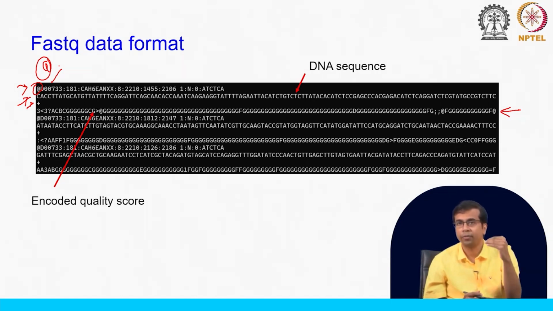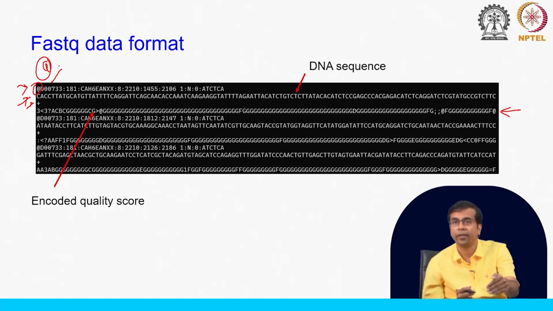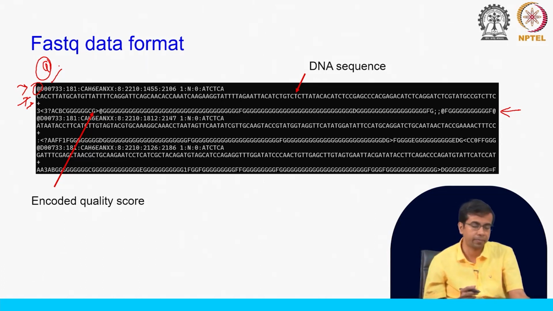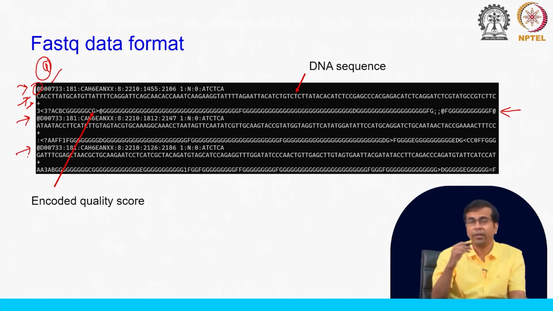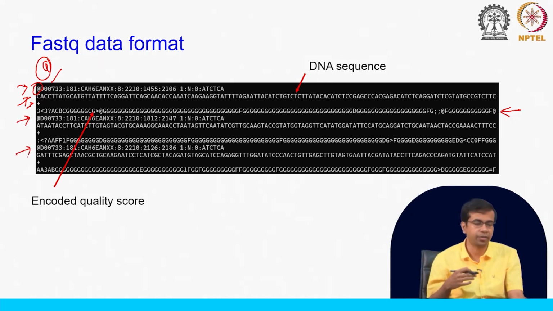And if you are writing a program yourself, you can go through this very quickly, and the data is also stored in a very efficient manner because it is not taking too much space. And this kind of repeats. You have this one, then here is the next read, and for each read you have the sequence information and the quality score.